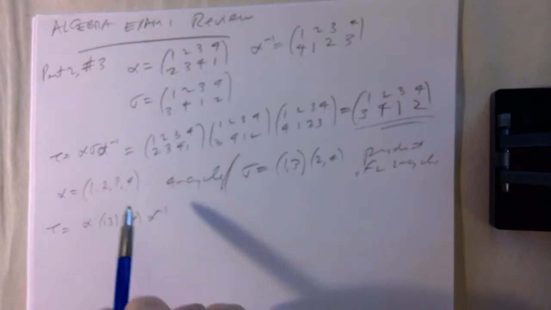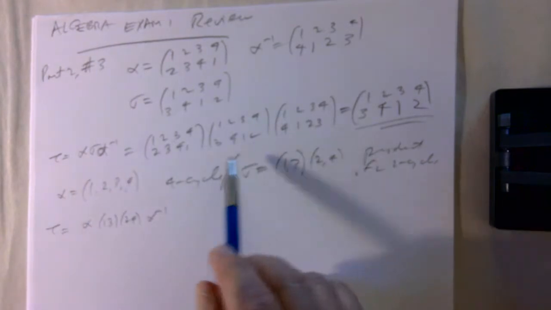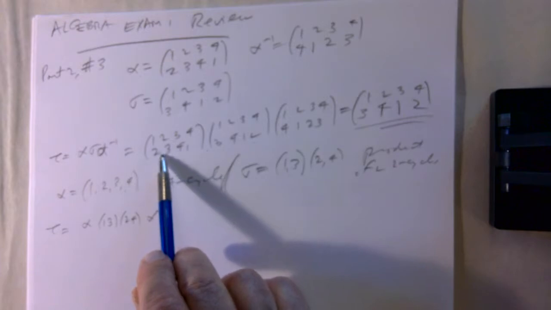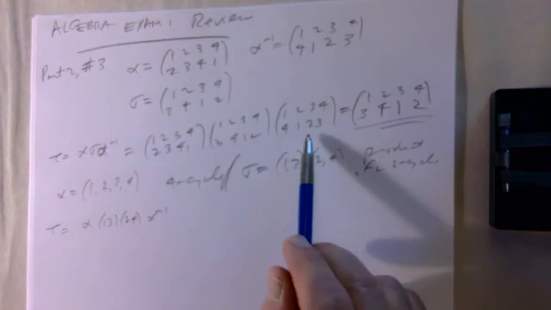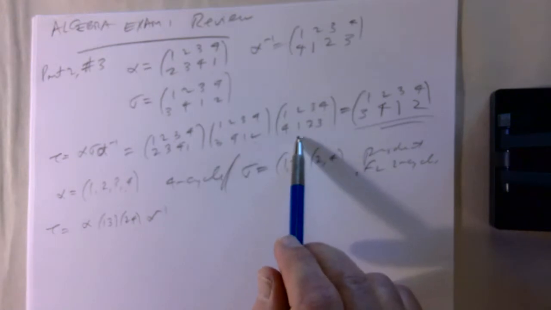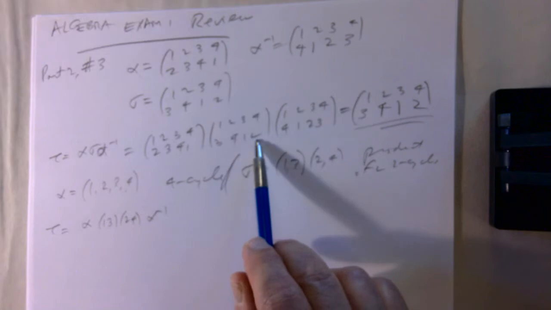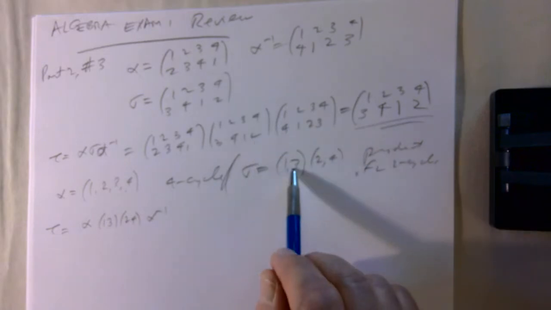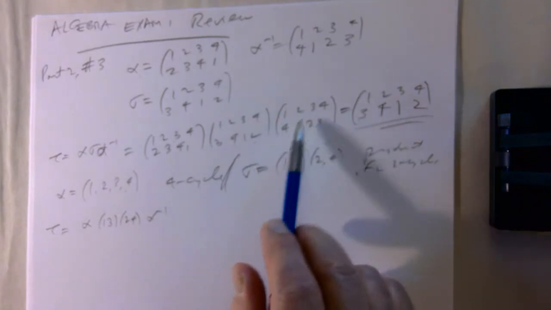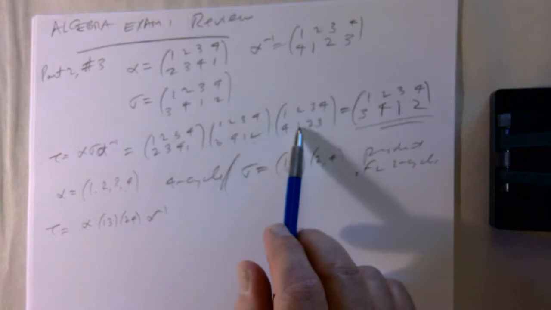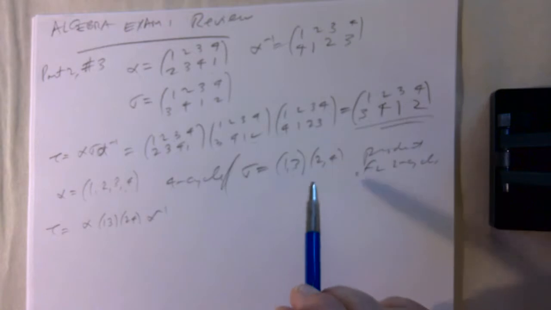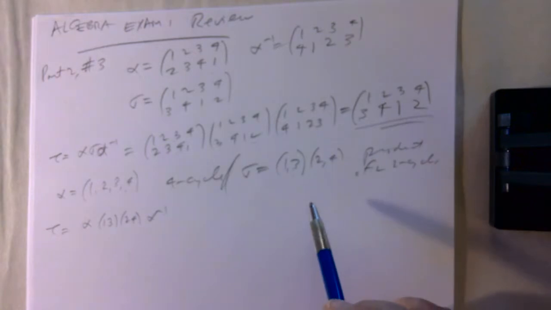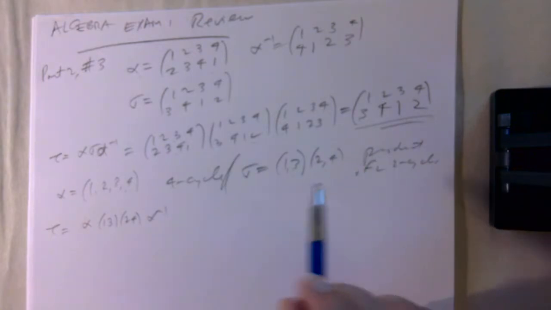So alpha sigma alpha inverse, 1, 2, 3, 4, 2, 3, 4, 1. This is my sigma, and this is alpha inverse. So 1 to 4 to 2 to 3, 1 goes to 3, 2 goes to 1, goes to 3, goes to 4. Yeah, that's fine.